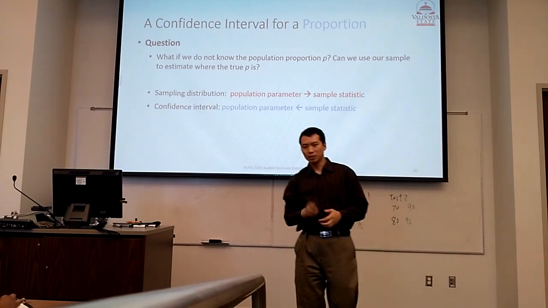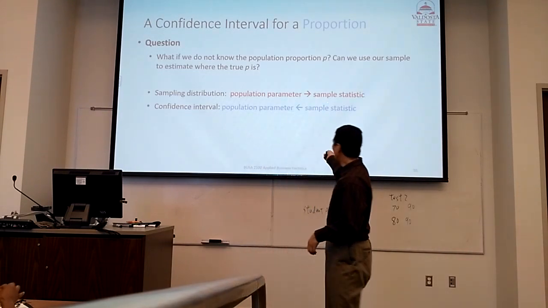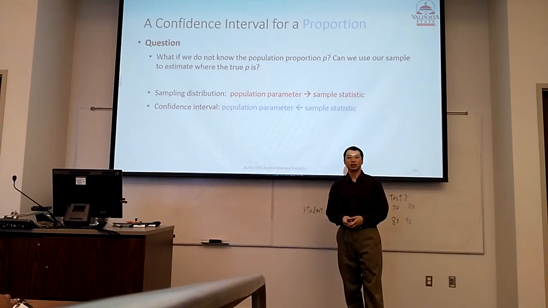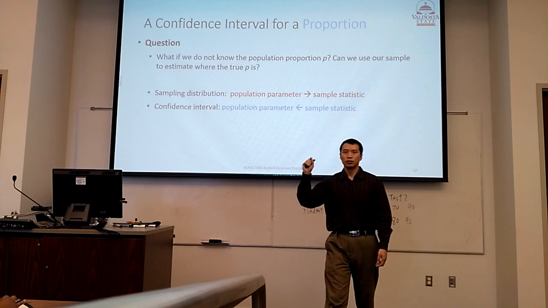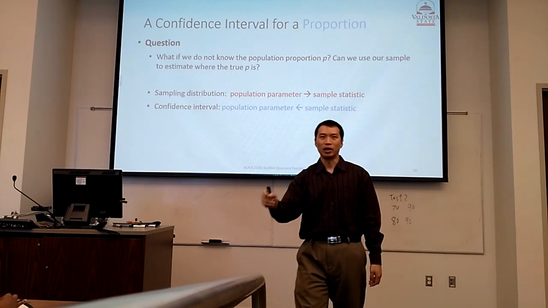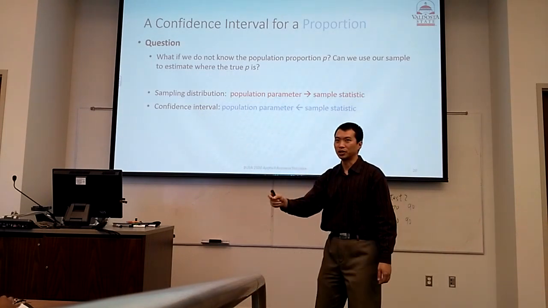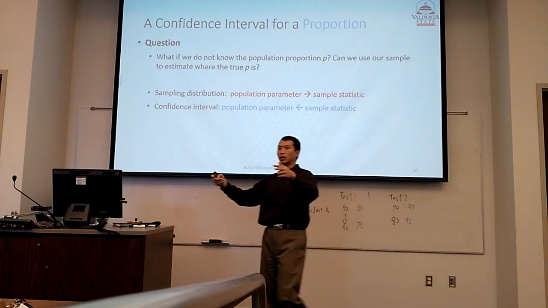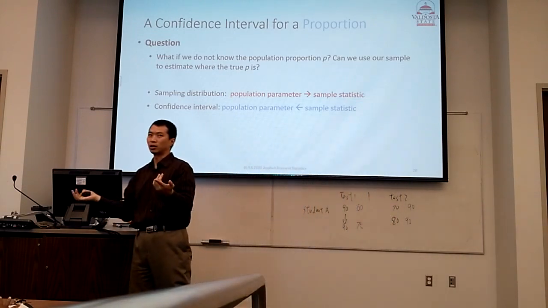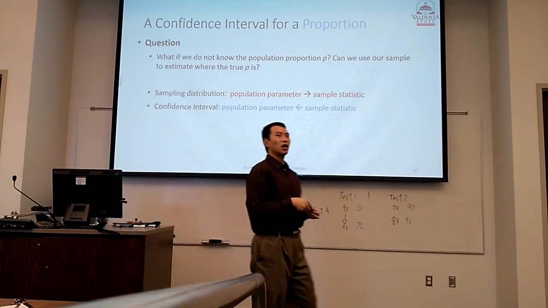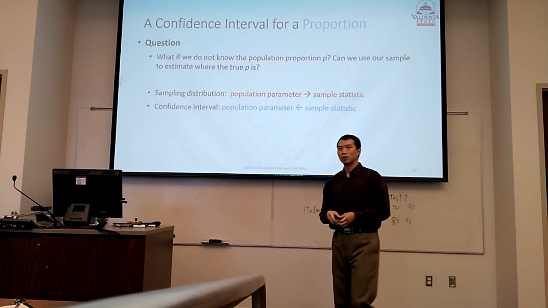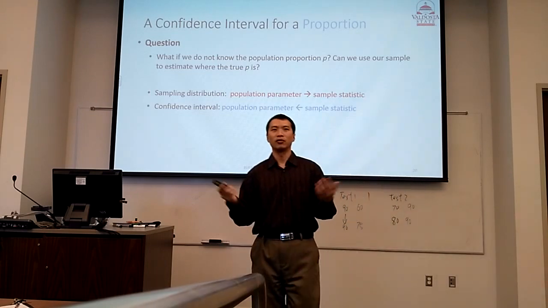So the problem is, if we want to use the sample statistic to estimate the population parameter, is it possible to get an accurate or exact population parameter? Say I collect a sample in this class about the proportion of management students. The proportion I get is, for example, 25%.